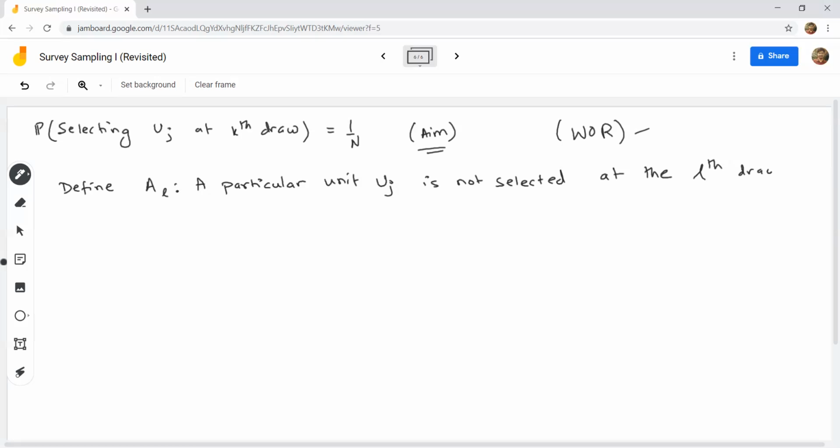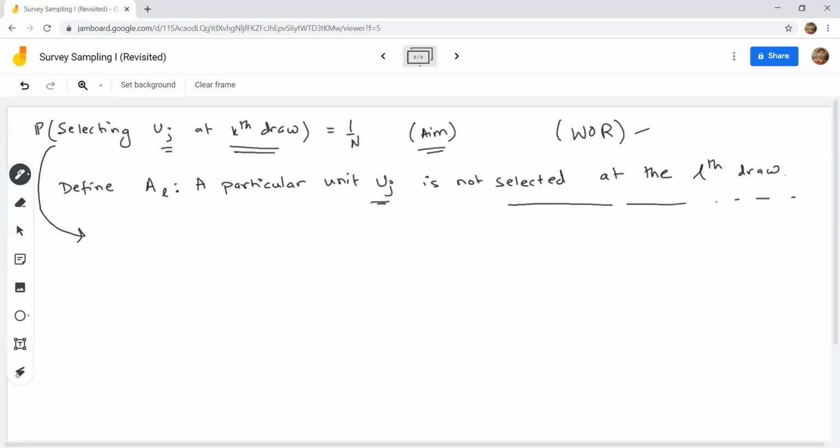So this is the event that the unit U_j we are targeting is not selected at the lth draw. What should this turn out to be? I am selecting U_j at the kth draw, but A_l is the event that the particular unit U_j is not selected at any lth draw.